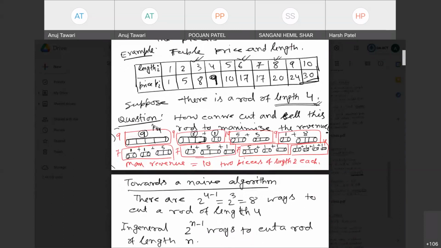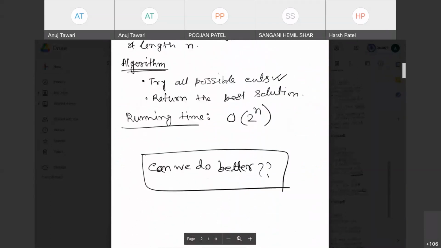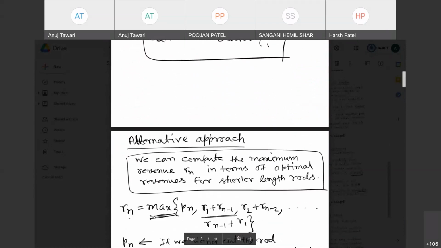So let me tell you one more approach of trying to do this better: we can compute this maximum revenue in terms of optimal revenue for shorter length rods. So it's sort of like divide and conquer, but again it will give us exponential time.